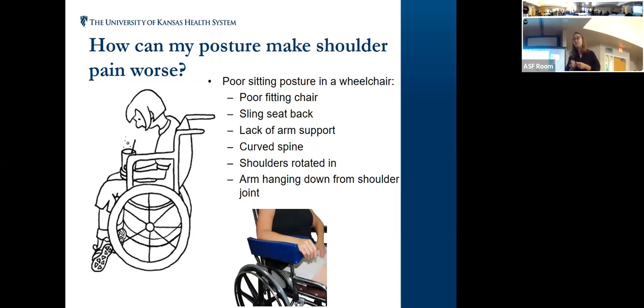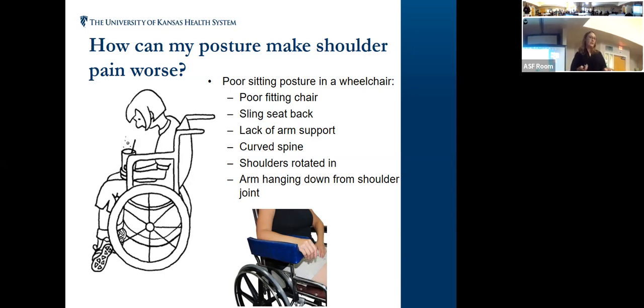So posture can play a role in pain, especially if you're sitting in a wheelchair that doesn't really fit you very well. If the chair has a really unsupported seat, like a sling seat, and it's not really supporting you. If there isn't a good arm support on the side of your hemiplegic arm, like a lap tray or an arm trough or just a pillow, even just something to support your arm.